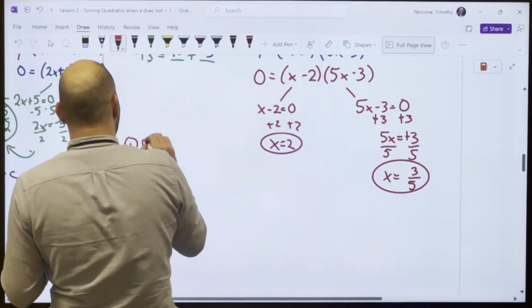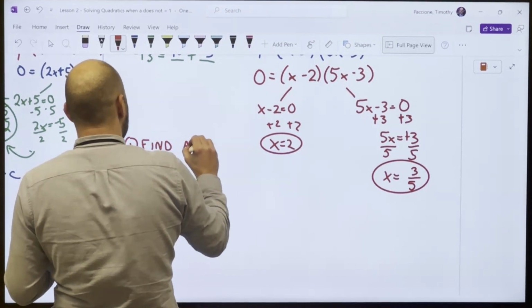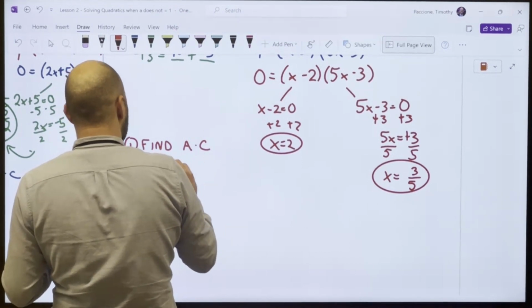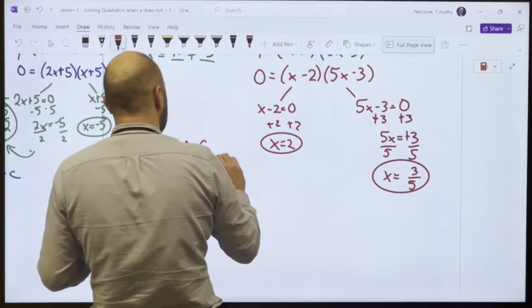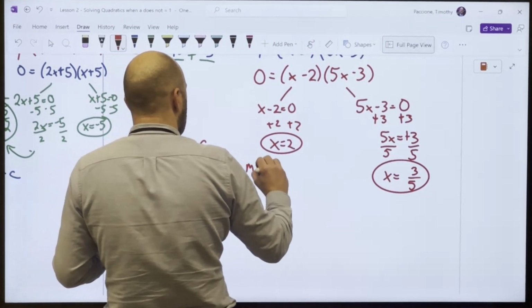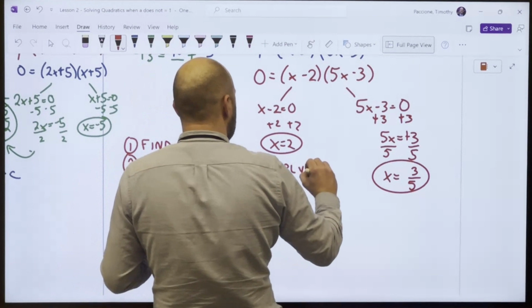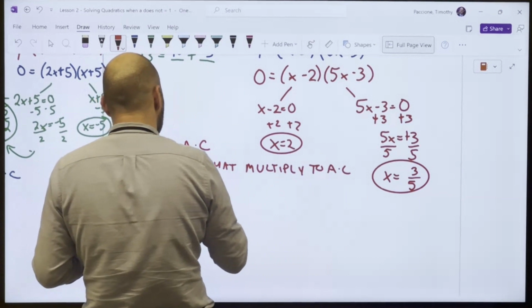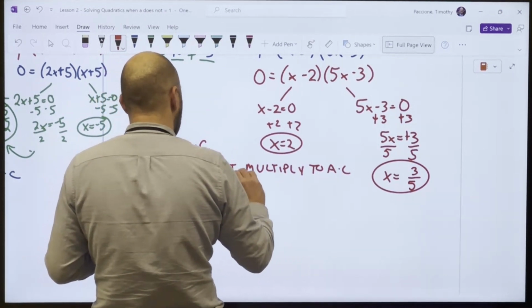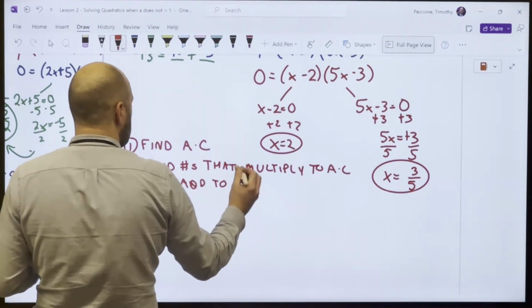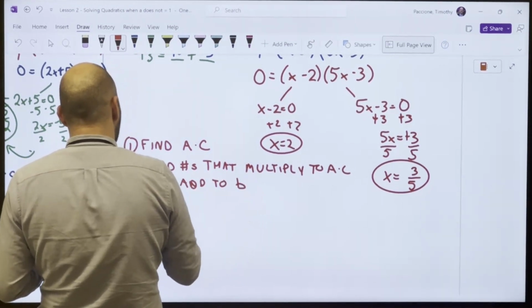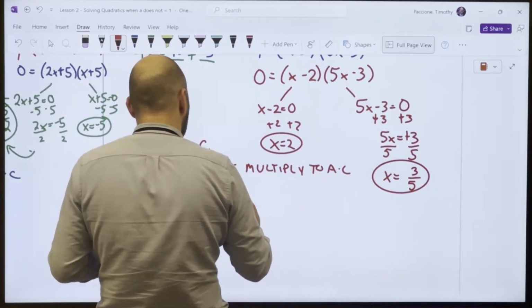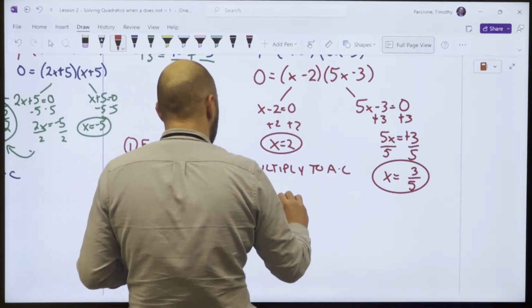So first, find A times C. Then find numbers that multiply to A times C and add to B. Next, rewrite your equation and pull apart your BX.